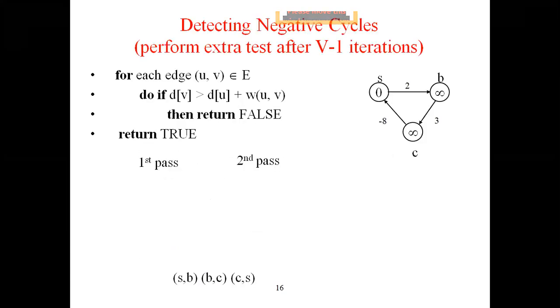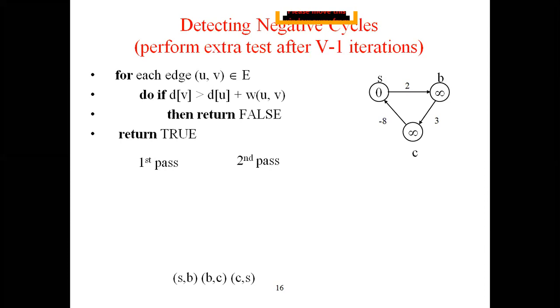So how do we detect negative cycles in a graph? Suppose there is a graph and we want to find the negative cycles. In the Bellman-Ford algorithm, we repeat the algorithm V minus 1 times, that means the number of vertices minus 1 iterations.